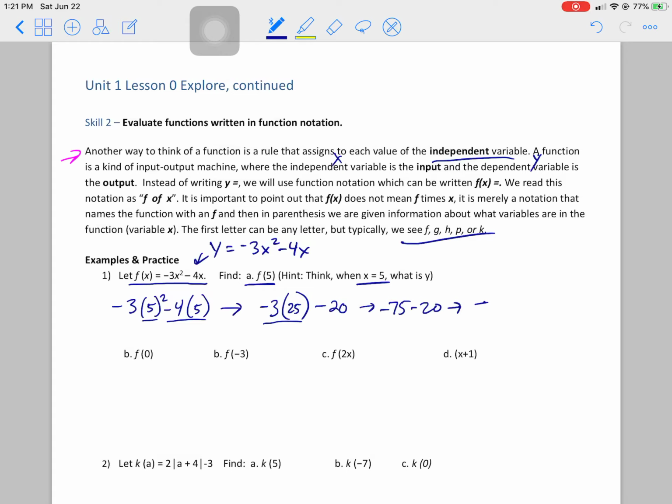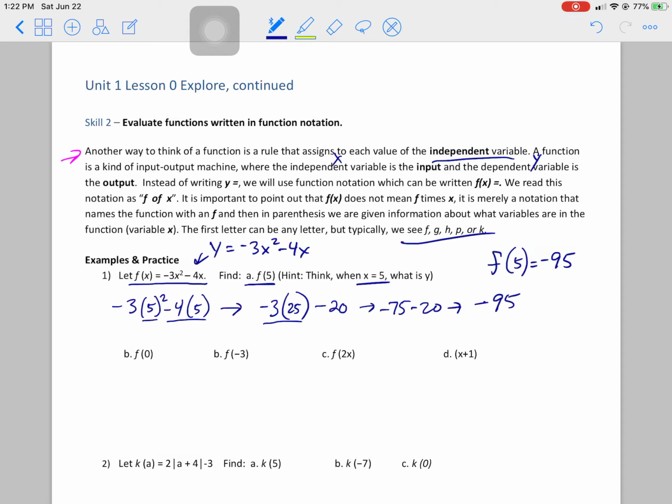Two negatives add together to a bigger negative. All right, so a good way to write this final answer is f of 5 equals negative 95. That means when you put in 5 for the f function, you substitute the 5 in for all the x's, and this is the sum that you get.